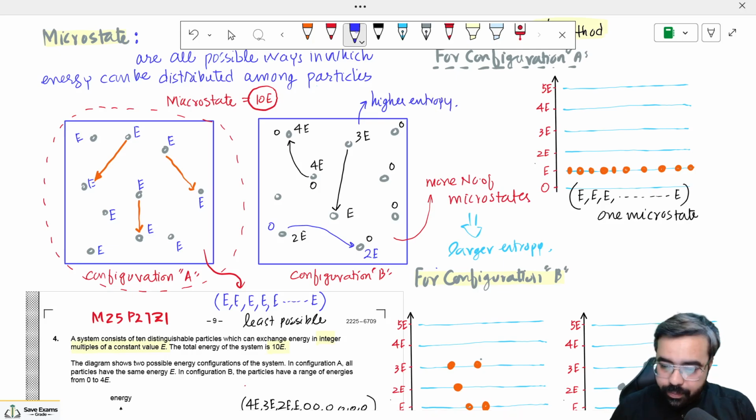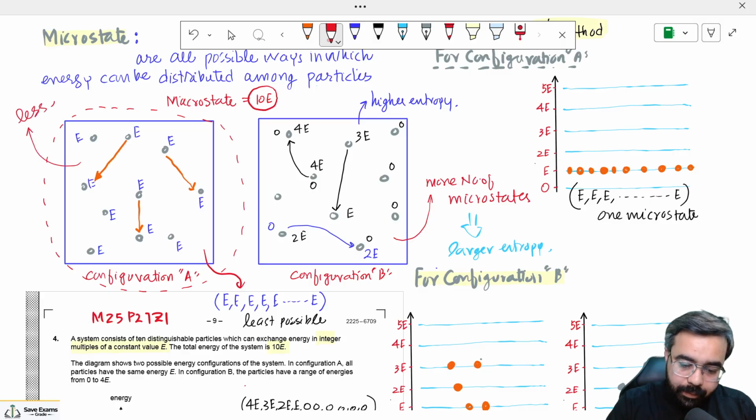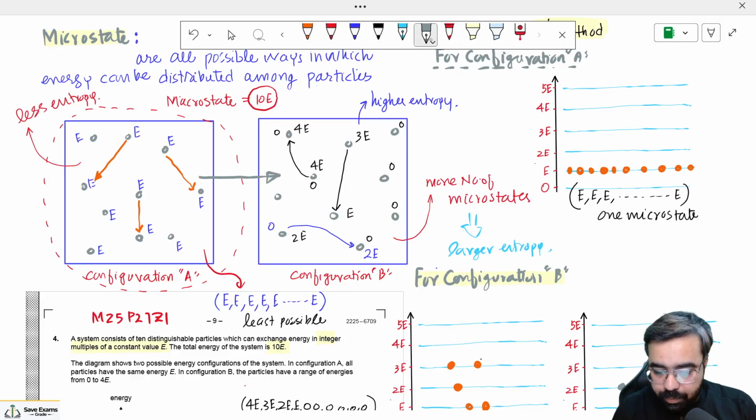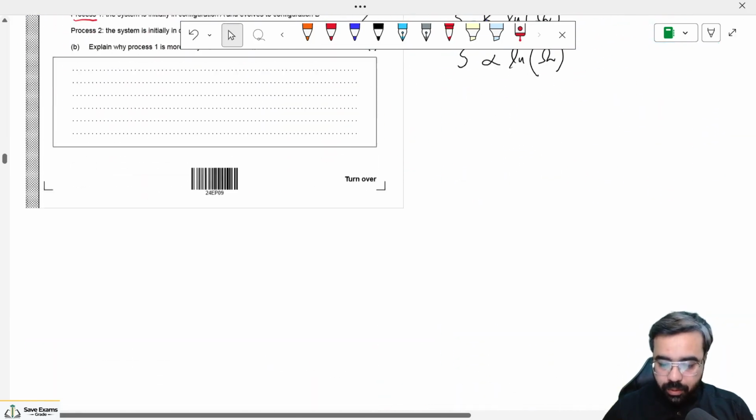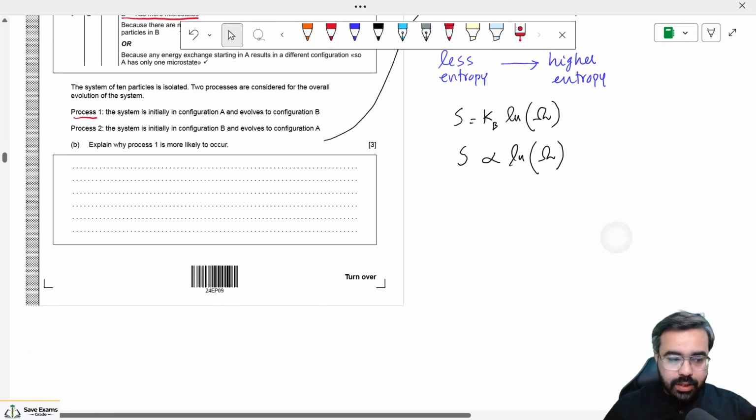You understand? And this one has less entropy. It means that our system will evolve, dear students, from A to B, from less entropy to higher entropy, towards the more disorganized system. So that is the reason.